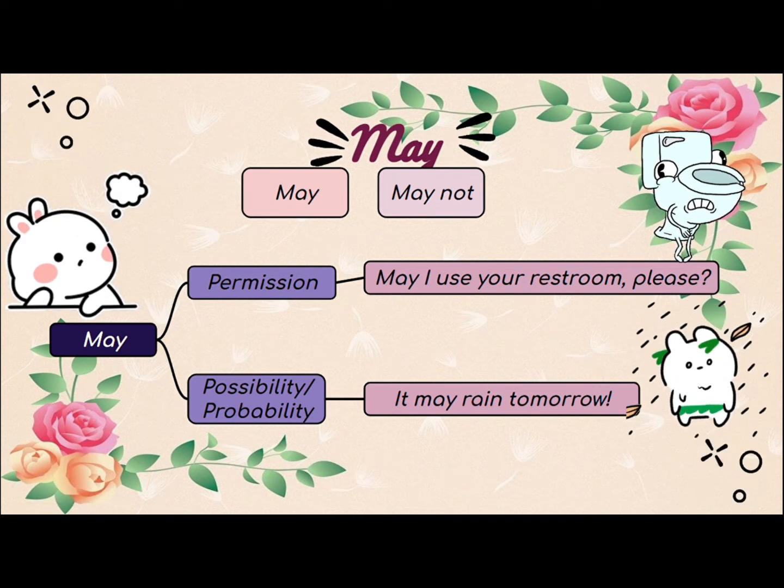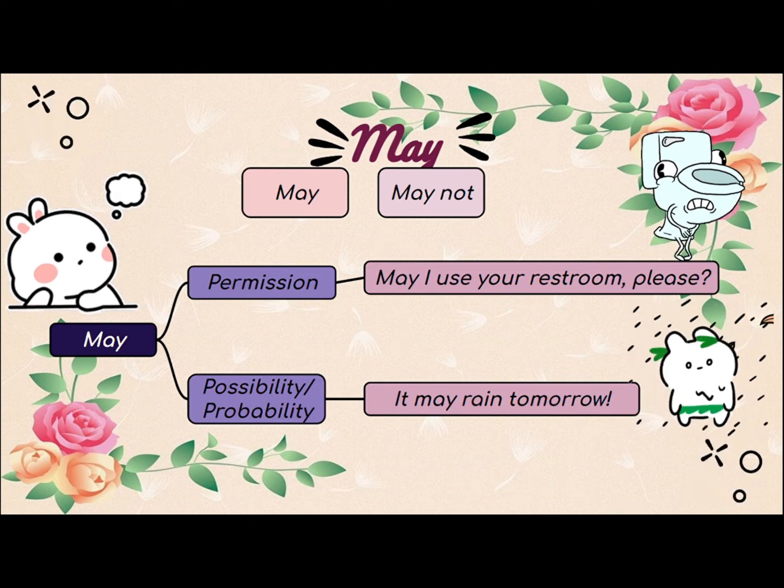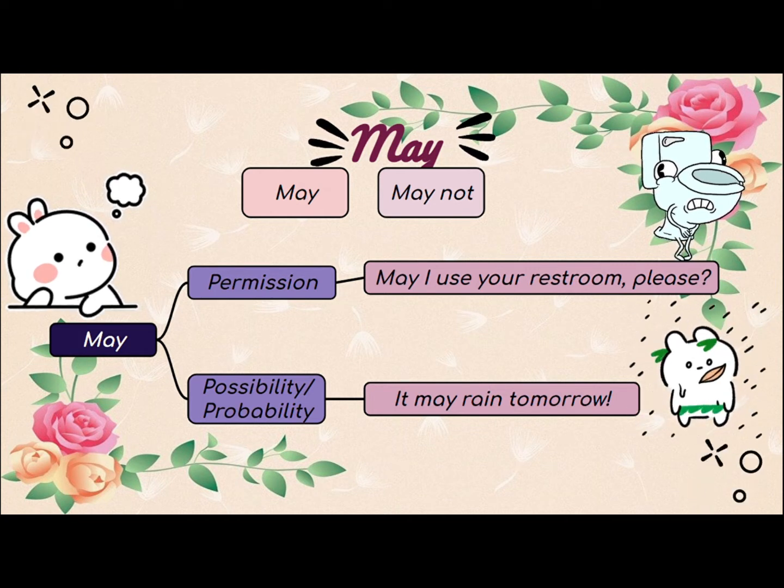May I use your restroom, please? We can also use this modal verb to express possibility or probability. For example, it may rain tomorrow. Oh, poor thing.